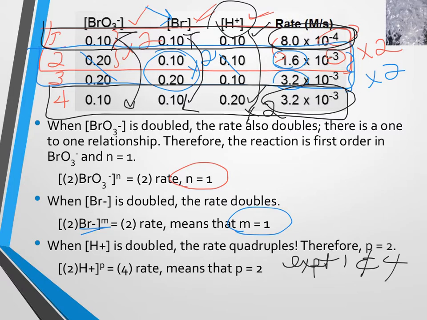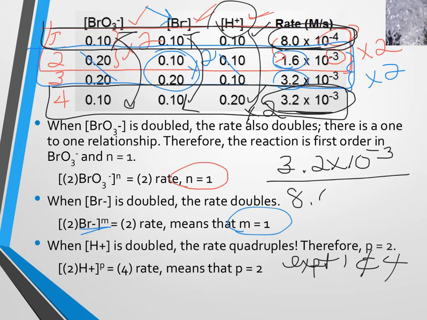of experiments 1 and 4? Well, this one's a little odd. I always like to do the larger number over the smaller number so that I get a number that's greater than 1 instead of a small fraction. So I'm going to put that in my calculator. The rate of experiment 4, 3.2 times 10 to the minus 3, over the rate of experiment 1. If you put that in your calculator, or perhaps you can see 8 times 4 is 32, that is going to be 4 times faster.